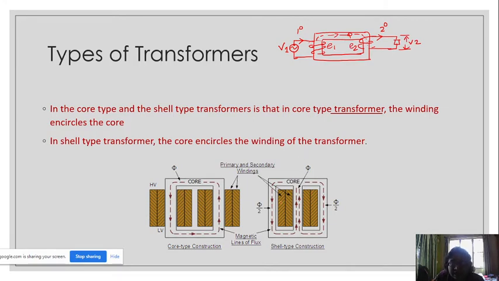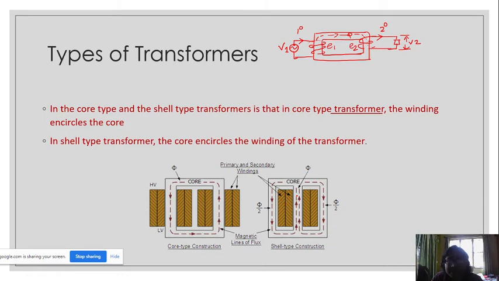In the shell type transformer, the winding is in the middle. These are the windings, and the core is surrounded on the outside of the winding. So these are called shell type transformers.